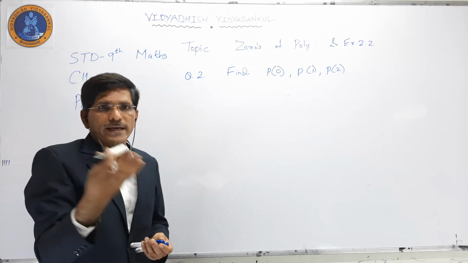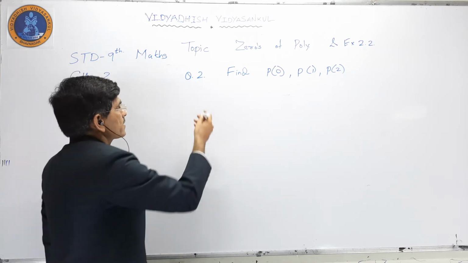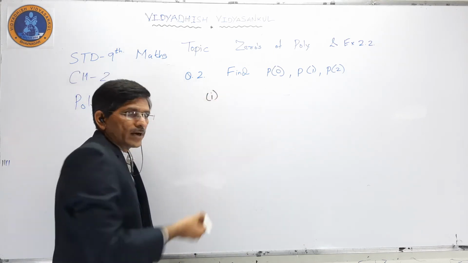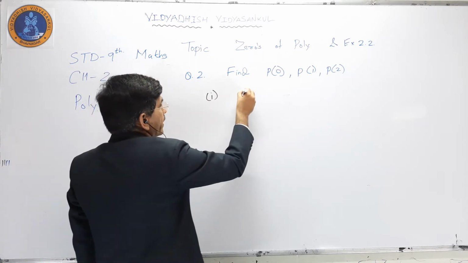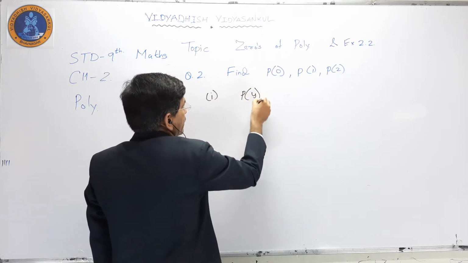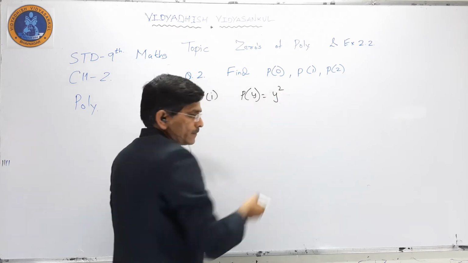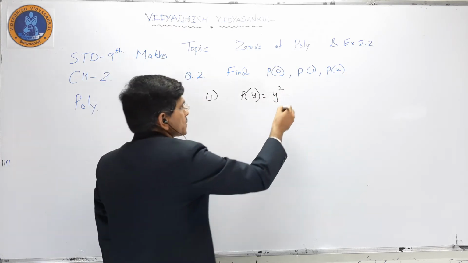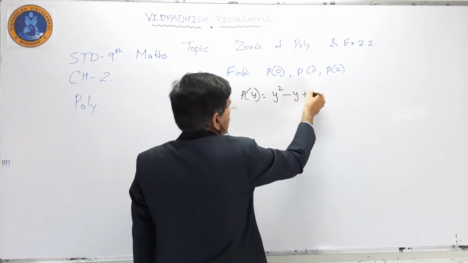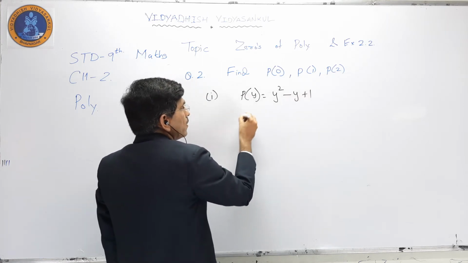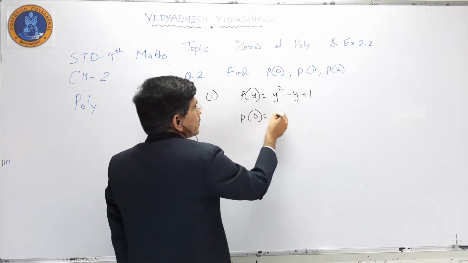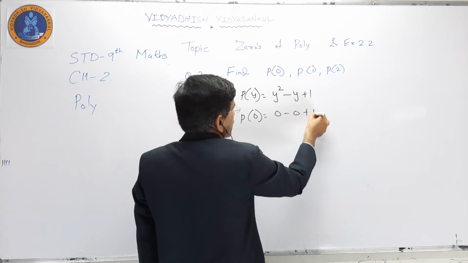So we have done any one. Question number 1, that is P of y. We can use P of y, that is y square minus y plus 1. Now, what is P of 0? So 0 minus 0 plus 1.